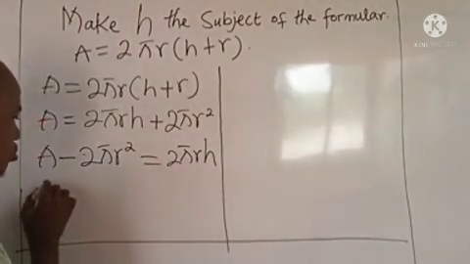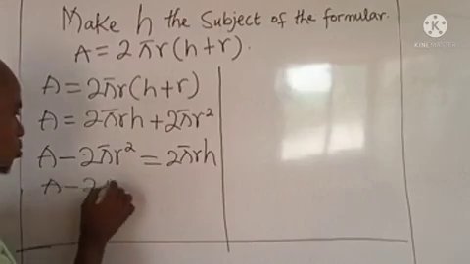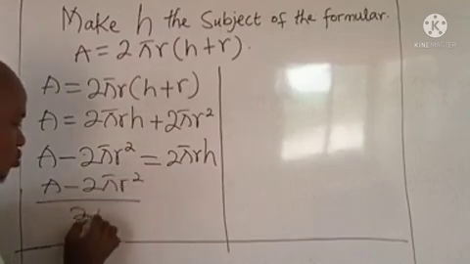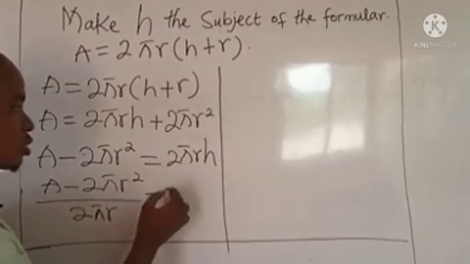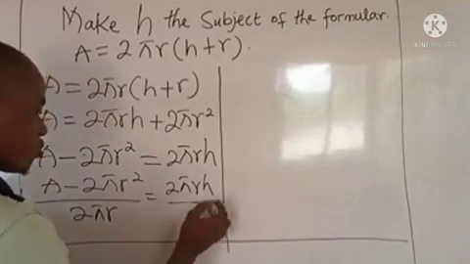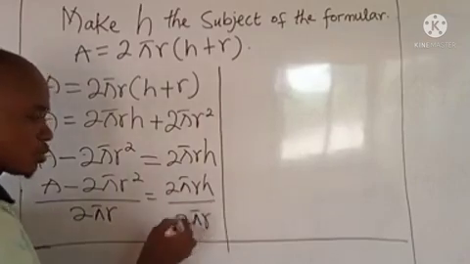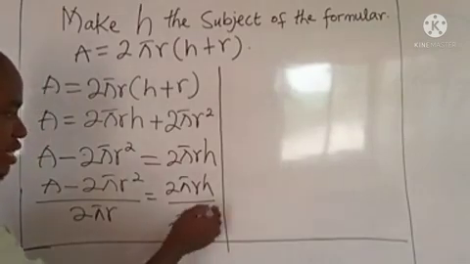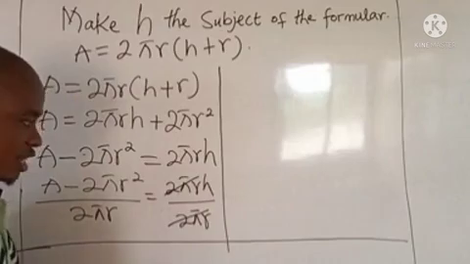So dividing, we have A minus 2 pi r squared over 2 pi r equals 2 pi r h over 2 pi r. When you have this, you see that we cancel this. Are you getting it now?